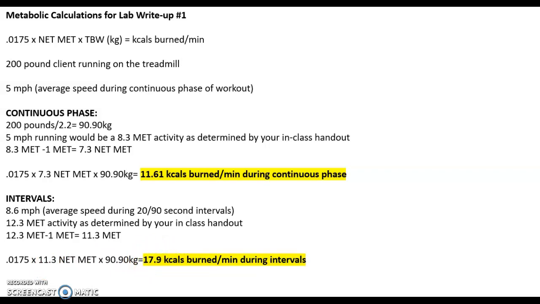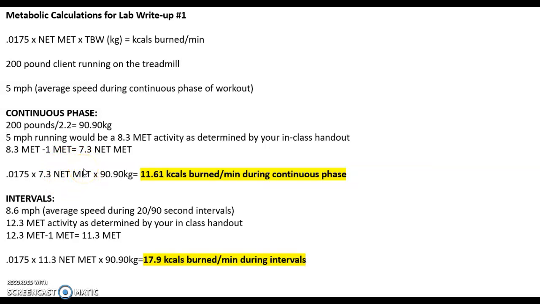Obviously, the cost of energy or the cost to do intervals was at a higher cost, 17.9 calories per minute, versus the 11.6 calories burned at a lower net MET activity that you completed during the continuous phase.